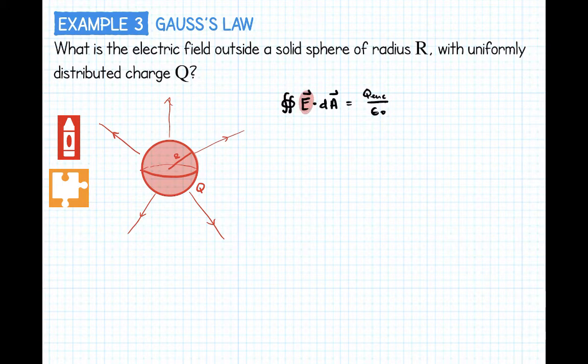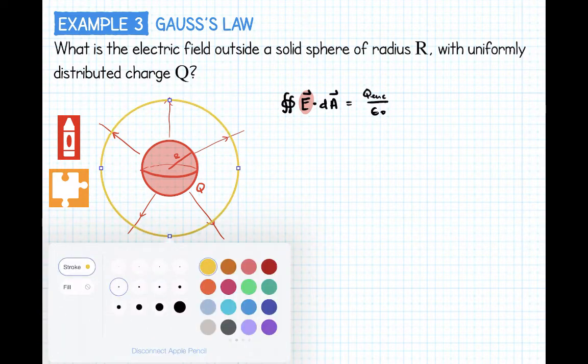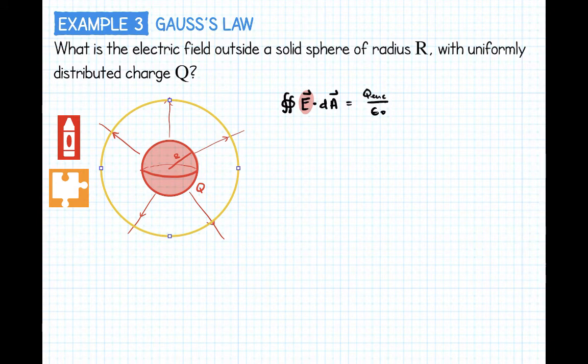We also have to decide what our Gaussian surface is going to look like. And since our Gaussian surface needs to be outside the sphere, that means we have to draw another sphere outside of our sphere. It should also be this lovely spherical thing, so just make sure we know it's spherical.